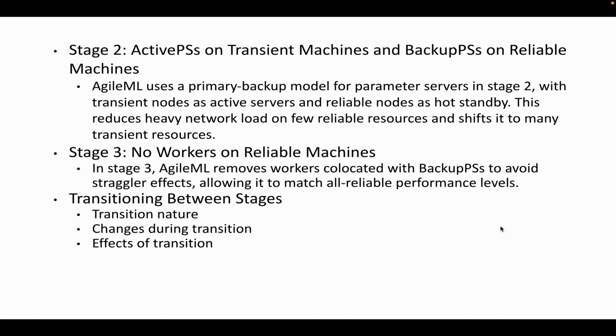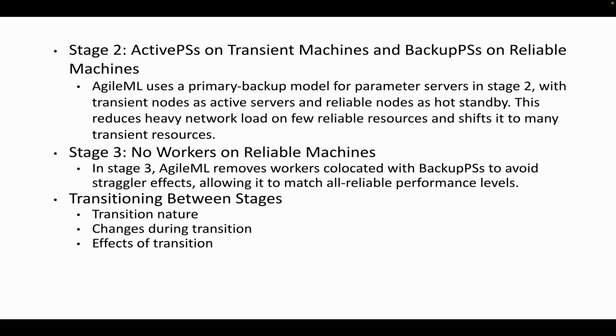The stage 2 and stage 3 transition for agile ML. In stage 2, we have active PSs on transient machines and backup PSs on reliable machines. This stage is considered when there is a higher transient to reliable node ratio. It generally gives an improvement over stage 1 until the ratio is 63 to 1.